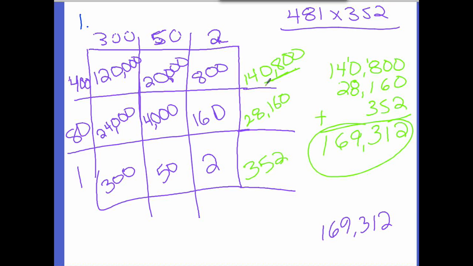This is a partial product. This is a partial product. That's a partial product. We have 3. But it said in the second one that there's only 2. Why would there only be 2 partial products where you multiply 481 times 302?